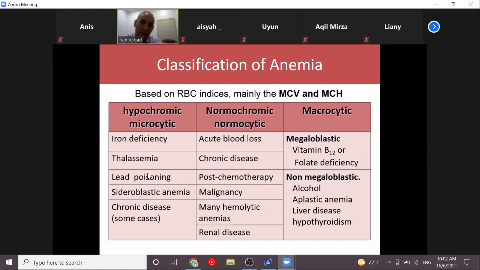There's one stage before that, the pro-erythroblast, but usually we skip it. Then erythroblast, then other types of cells until reticulocyte, and then red blood cells.